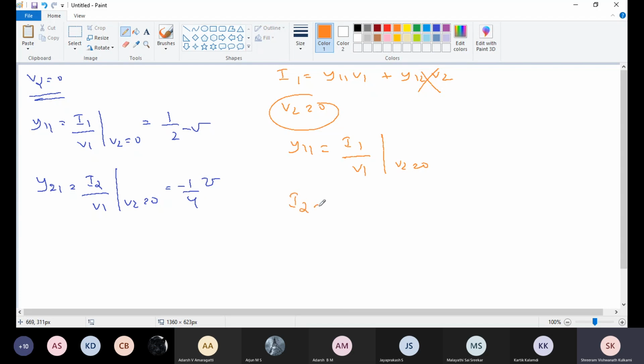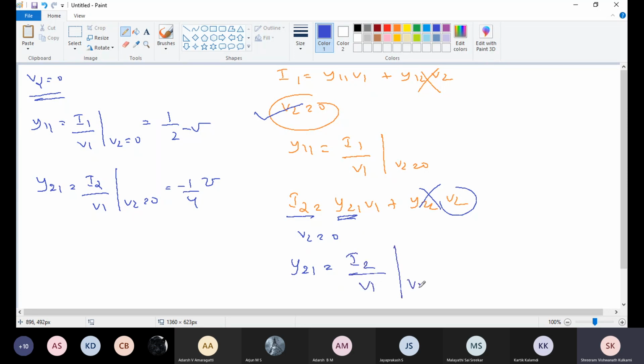Then I2 equal to Y21 V1 plus Y22 V2. Same case, V2 equal to 0, this term will get cancelled. Then I get Y21 equal to I2 divided by V1, that is the V2 equal to 0 case. The same thing I have written here, you can see.